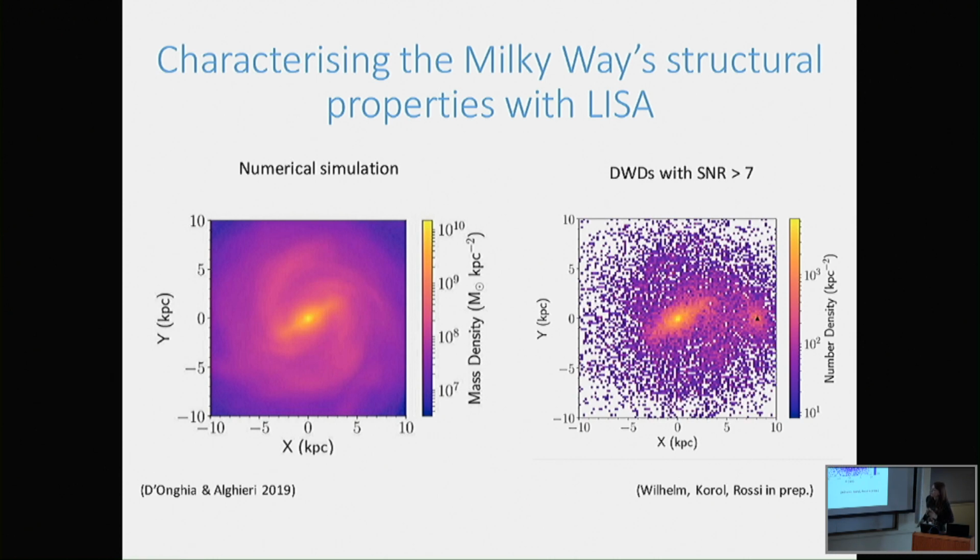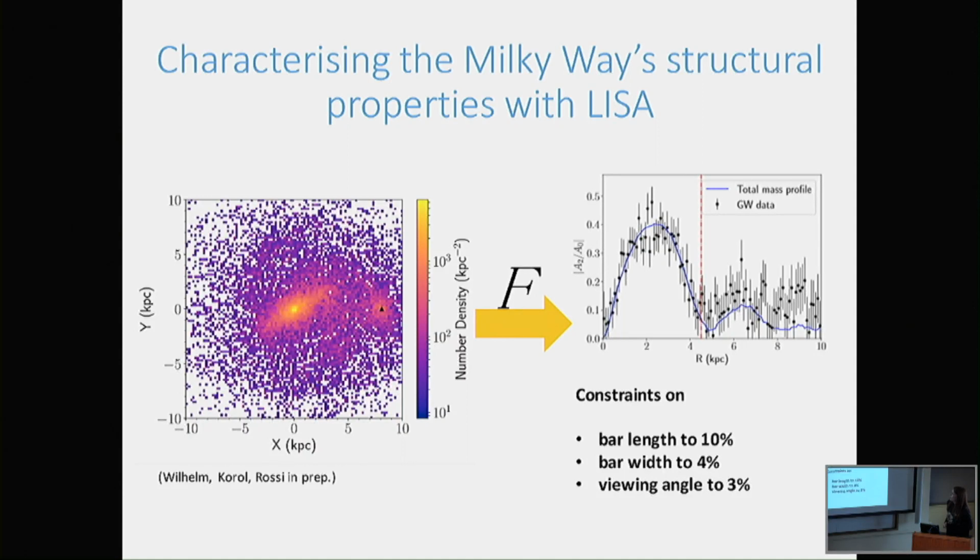And this was actually a master project of a student that I was supervising last year in Leiden, Martijn Wilhelm, and he's basically ready to submit this work very soon. So what we did with this density distribution is to analyze it, we transform it in Fourier space by just applying a Fourier transform on the density.